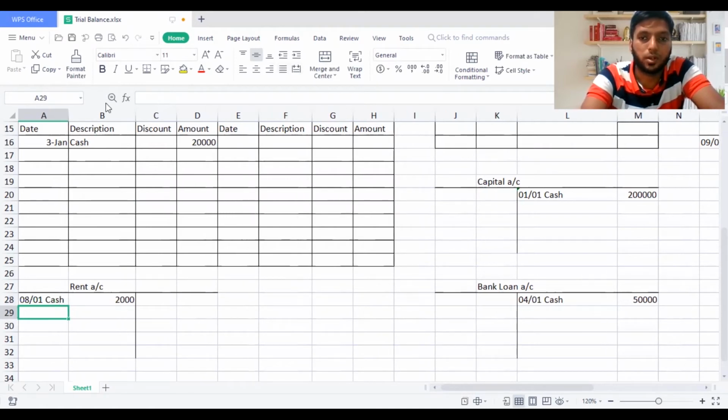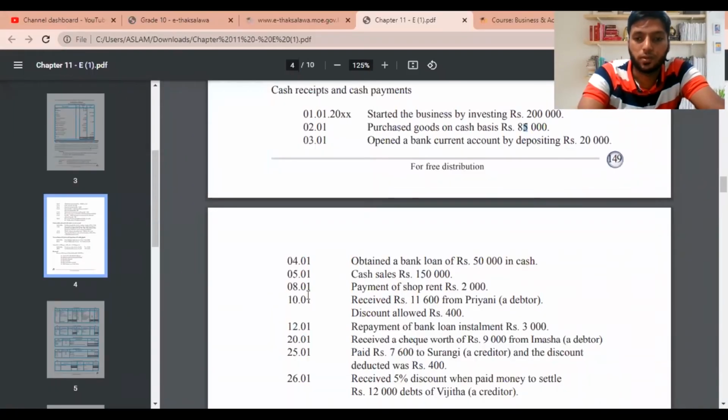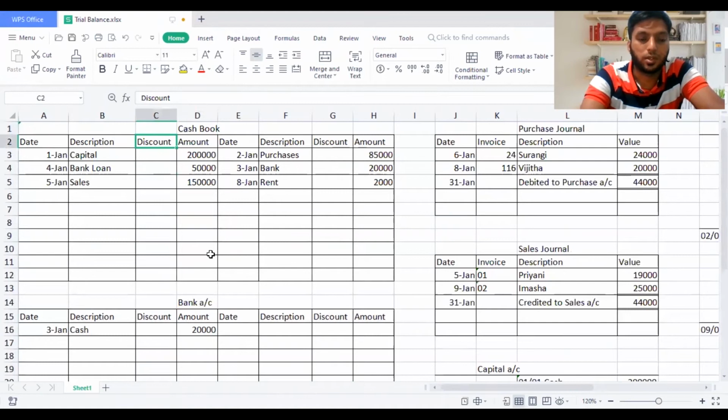Then we move on to the next part of the sum. It says 10th first received rupees 11,600 from Priyani, debtor, discount allowed 400. So this discount, which we record here on the debit side, always represents discount allowed. I can write here discount allowed. It's not a must, but it's also easy for you to record it.